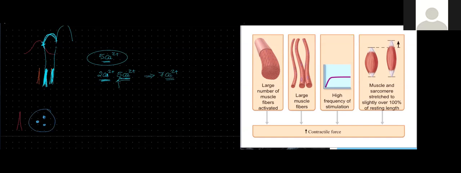Compared to a stronger stimulus, much more muscle fibers are going to be recruited, and as a result, what's going to happen? You're going to have a stronger muscle contraction. So again, what determines the number of muscle fibers that get activated is the strength of the stimulus.